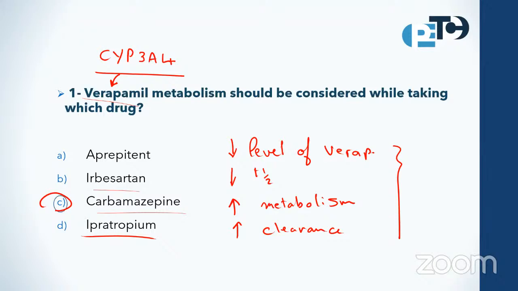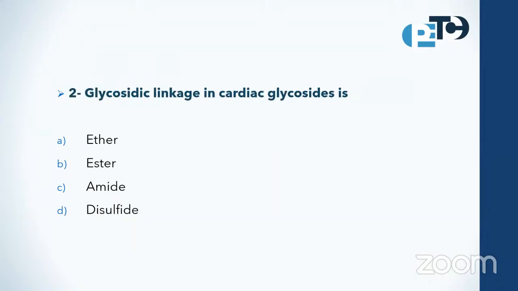Let's see the second question. The glycoside linkage or glycosidic linkage in cardiac glycoside is ether, ester, amide, or disulfide? Generally, the glycosidic linkage will be between the sugar part and the alkyl part.